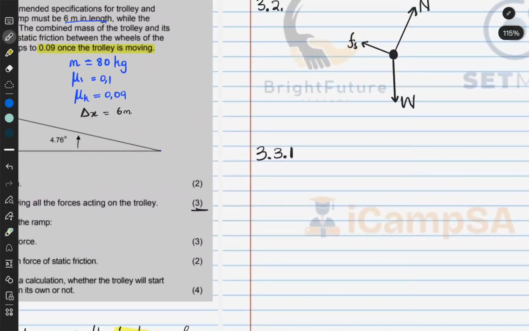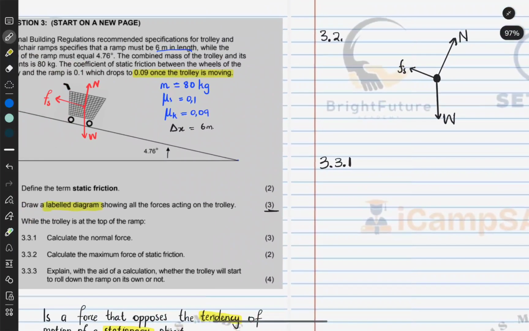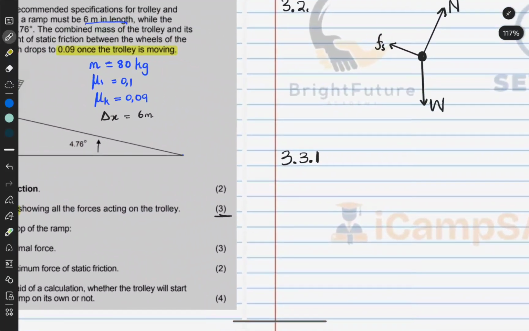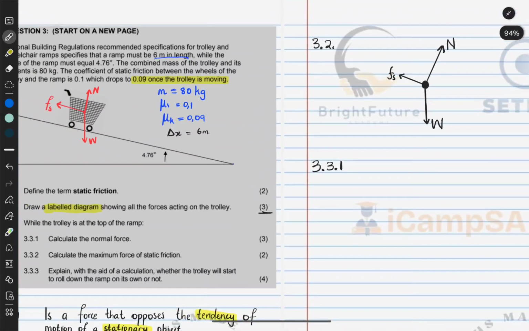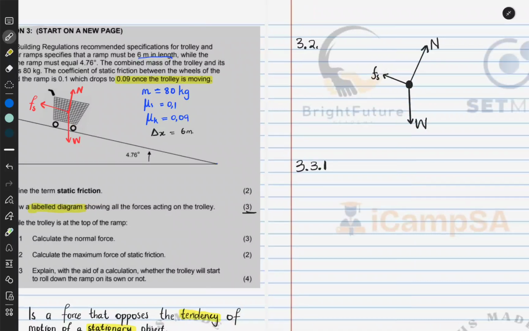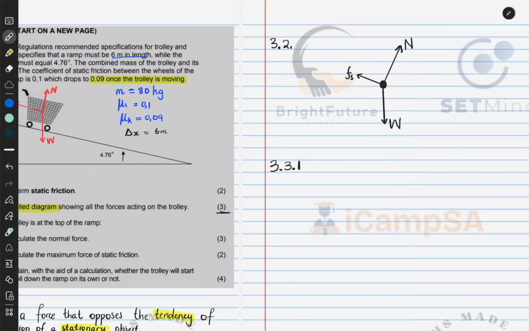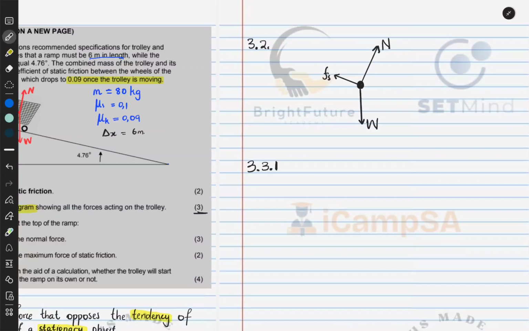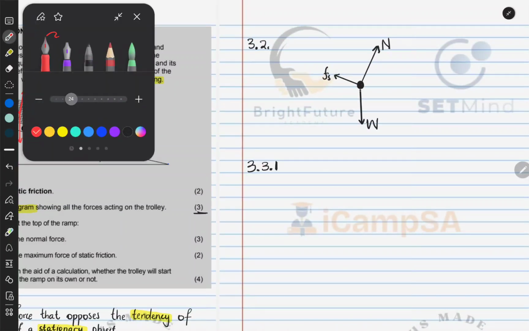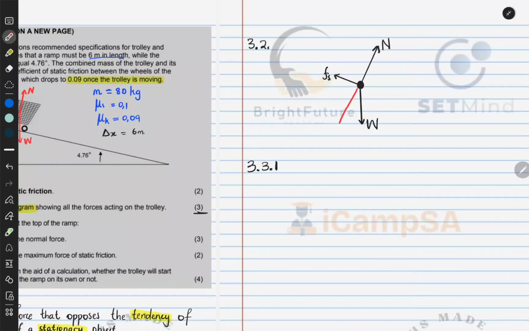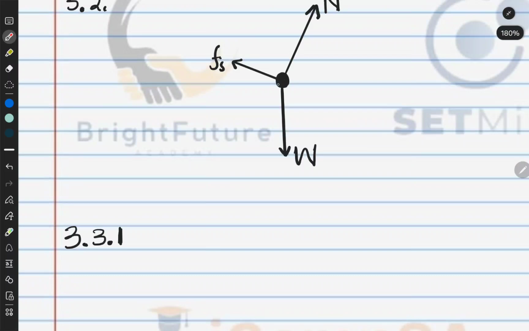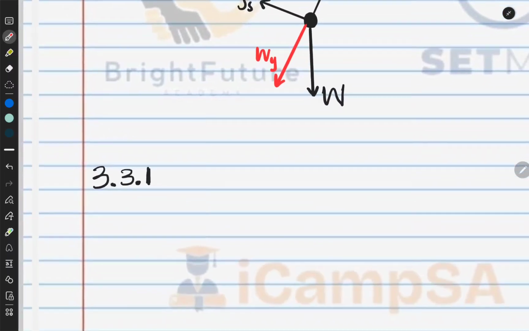So that's where the normal force is calculated. What I mean by that is, if we take our free body diagram there, obviously we will have weight components. We'll have a weight component here, which will be our weight y, or weight perpendicular.